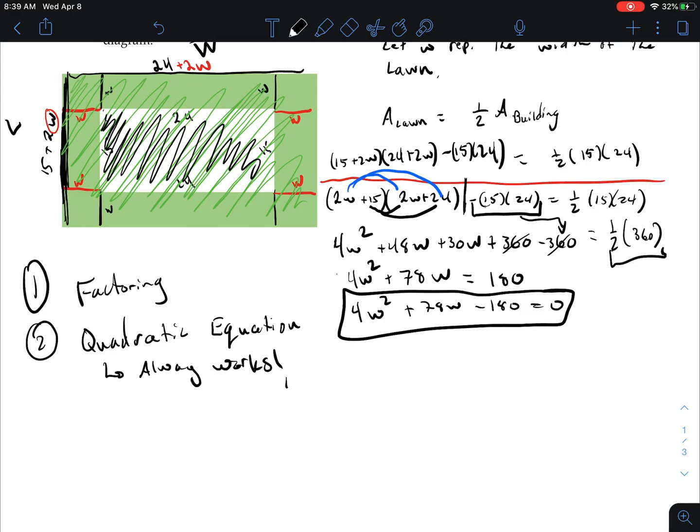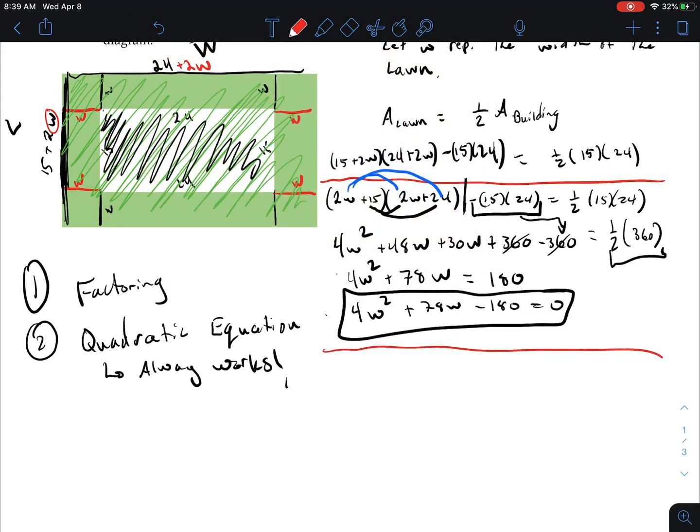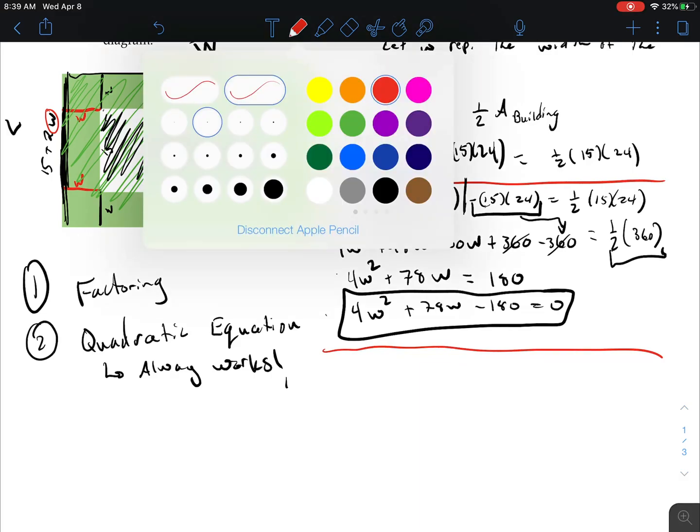Let's see what happens. Let's see if we can make this more simple. So your question is, can I turn this into a trinomial that looks a little bit nicer, in terms of being able to factor? Can I take a common factor out of here such that the trinomial gets easier?